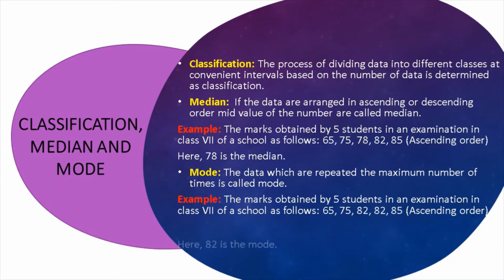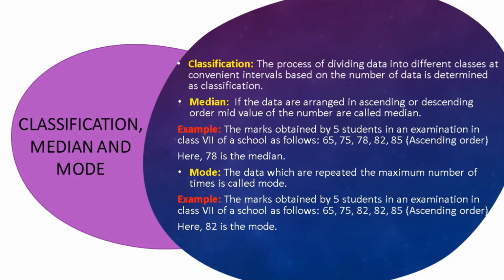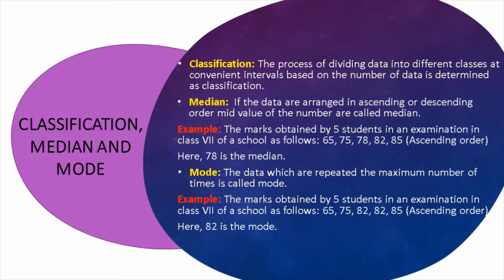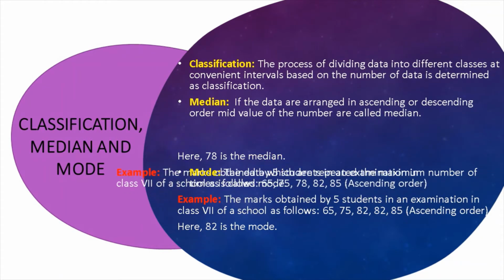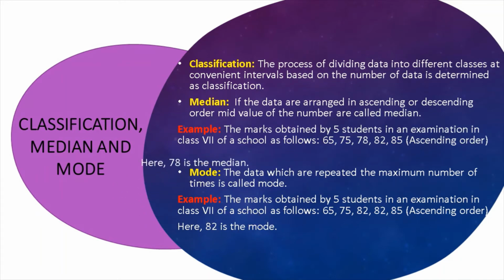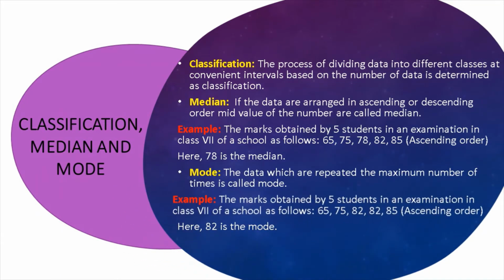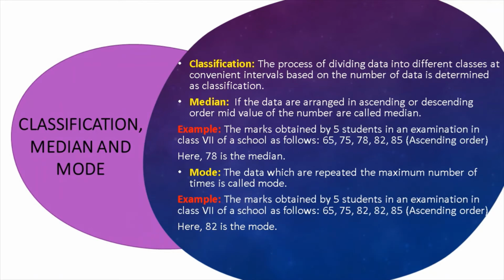So the mode here is 82 because 82 is repeated the maximum number of times. So my dear students, this is the classification, and after that the median, you have to do ascending or descending order to find the median, and for the mode you have to see the maximum number of times repeated. So 82 is the mode.